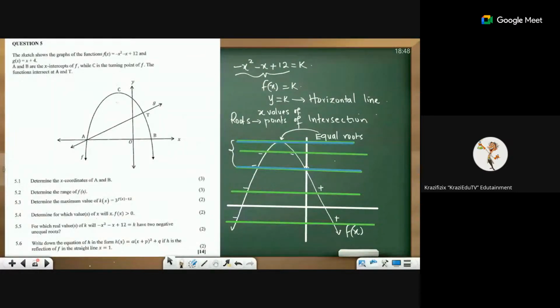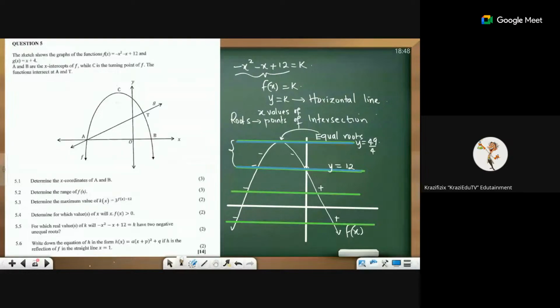So basically, I'm looking at this. It can go up from here to there. What is the y value here? 12. What is the y value here? 49/4.